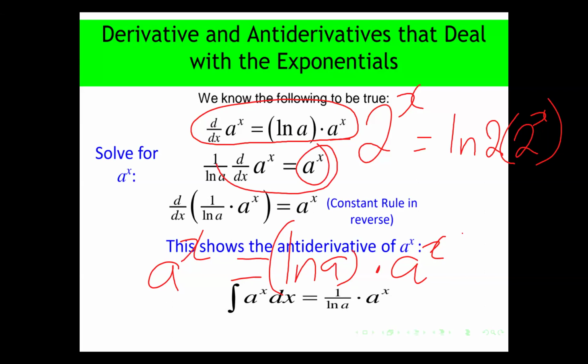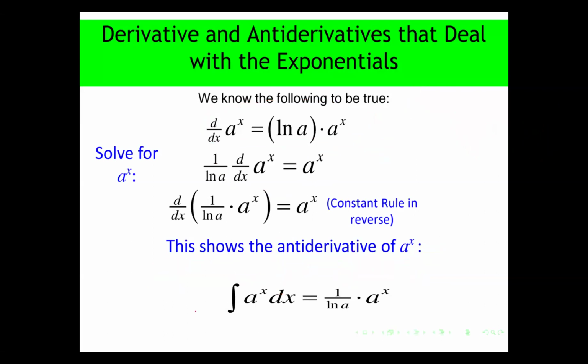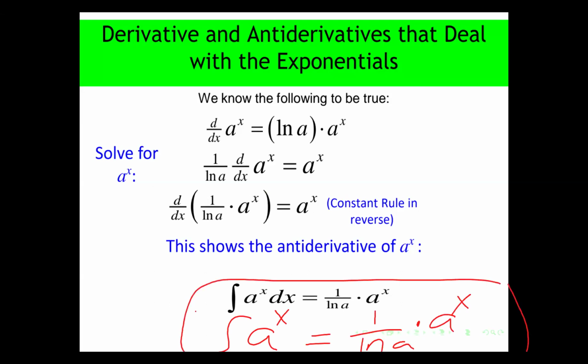So what shall be the antiderivative of the integral of a to the power x? It shall be just 1 over the natural log of a times a to the power x. Pick this as the formula. These are just formulas. There is no number here.